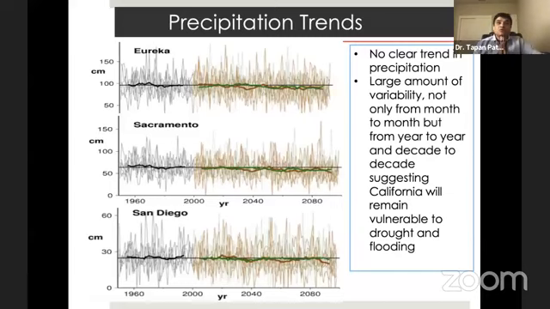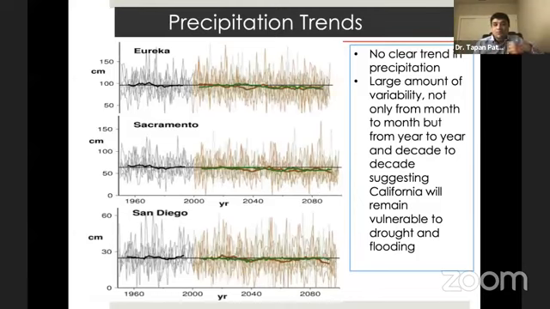So there is not a lot of confidence in the models about whether there are increasing or decreasing trends in precipitation, but there is more confidence from the model projections that the overall wet season for California is shrinking.